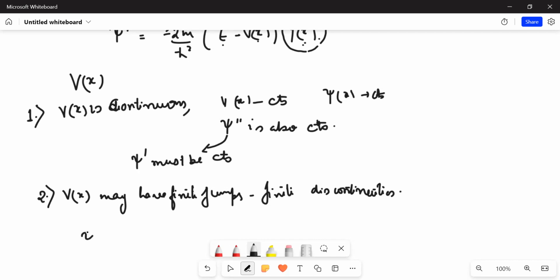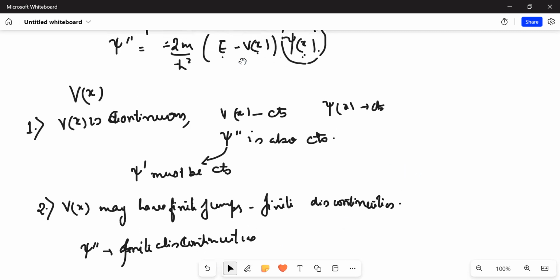Then psi double dash will also bear some finite discontinuities. Why? Because after all, psi double dash is given by this product. Here, if V(x) has some finite jump, at all these discontinuities psi(x) is getting multiplied, so it will result in psi double dash having some finite discontinuities.